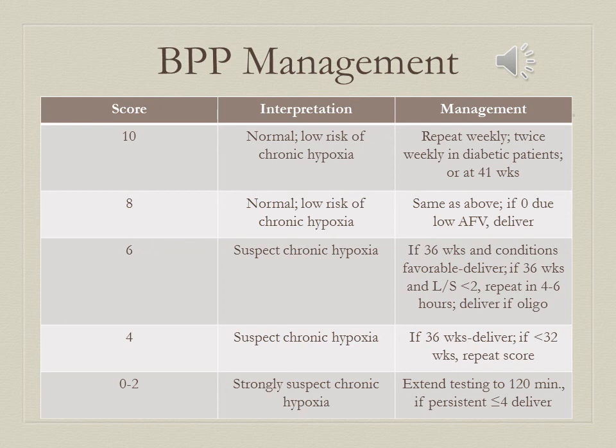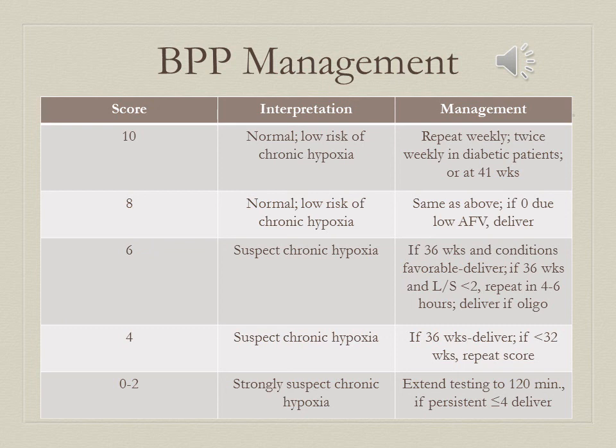So 8 is normal, but what you're going to look at is where the 0 came from. If they scored a 0 due to the amniotic fluid volume being low, you need to go ahead and deliver the baby, because if the amniotic fluid volume is low, you're going to have an increased risk for cord issues, for stress, for meconium. You just need to go ahead and deliver the baby.